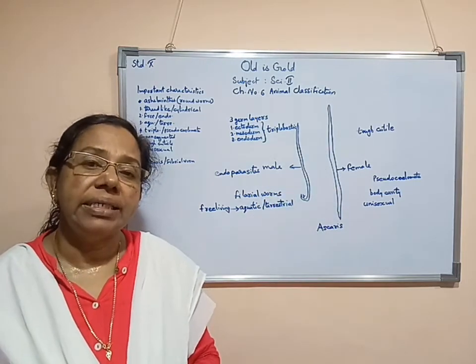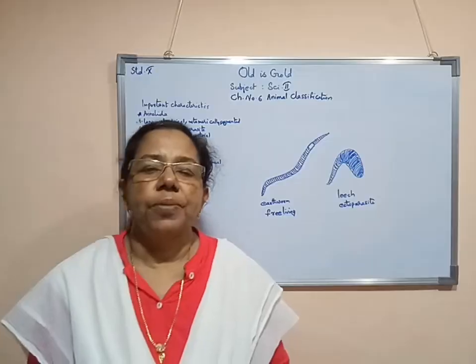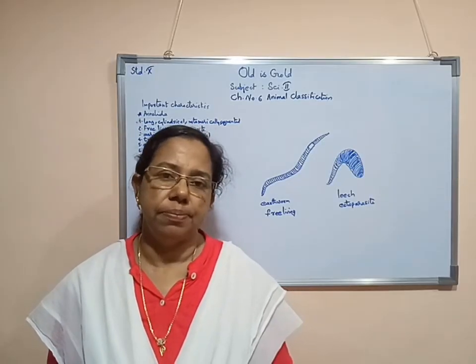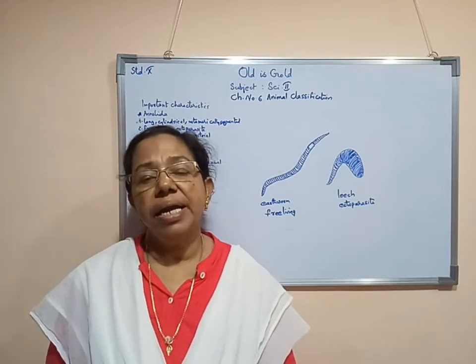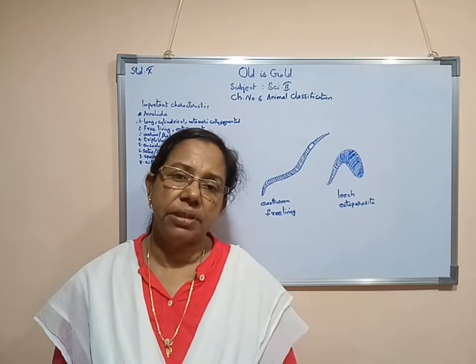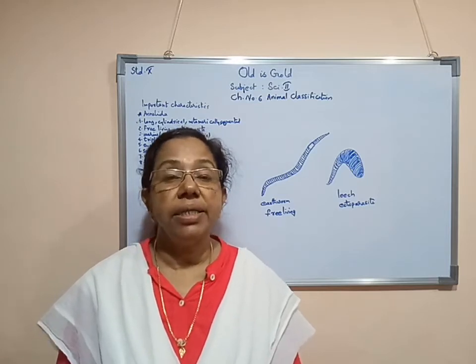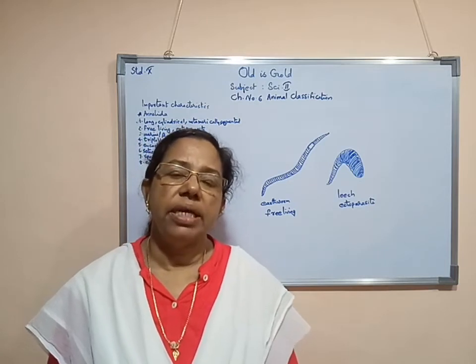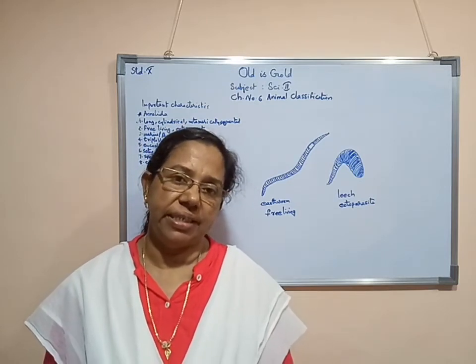Their body is non-segmented. What are the important characteristics of phylum Annelida? Phylum Annelida has a number of organisms. Either they may be free living organisms or they may be ectoparasites.